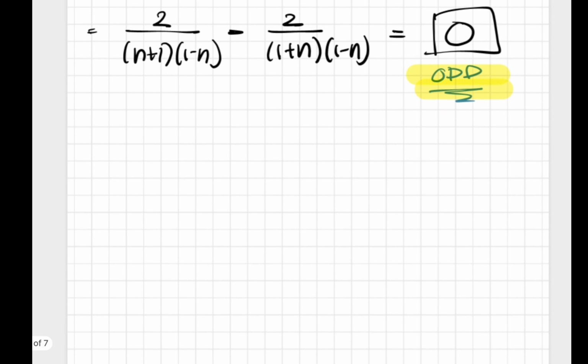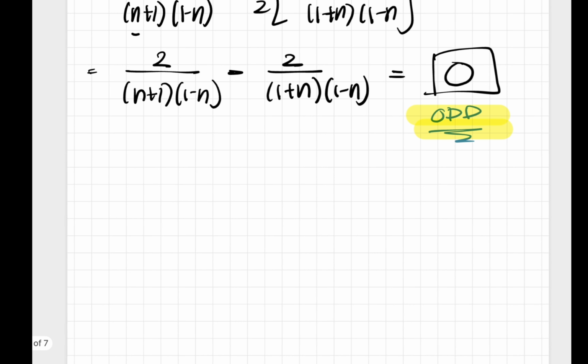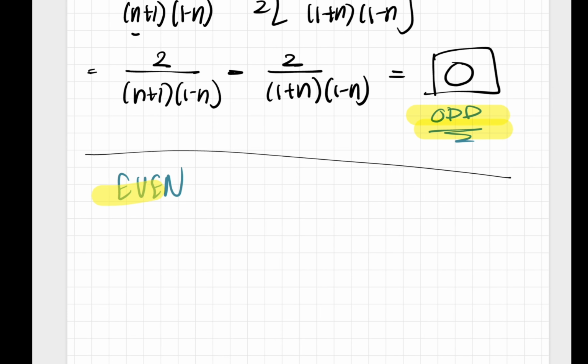And once you do, we are going to find that when n is even, then the answer will be 4n plus 1, negative 4, n plus 1, n minus 1.